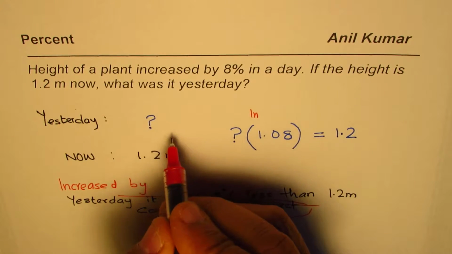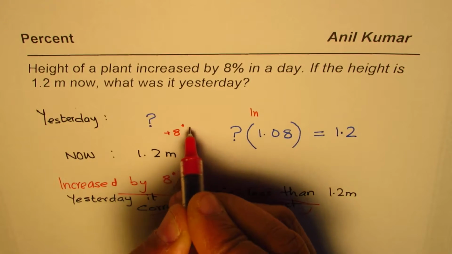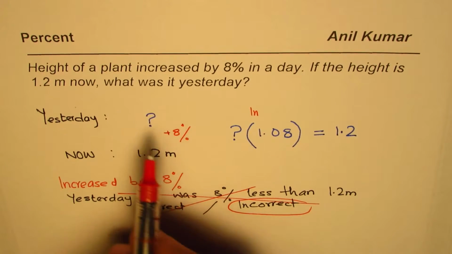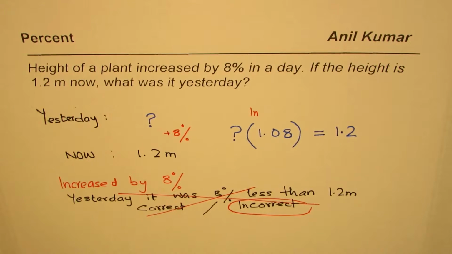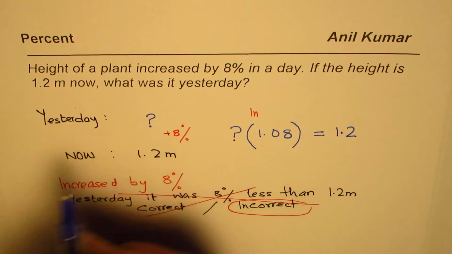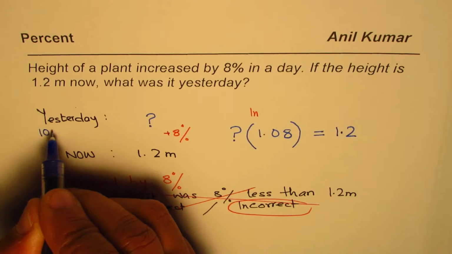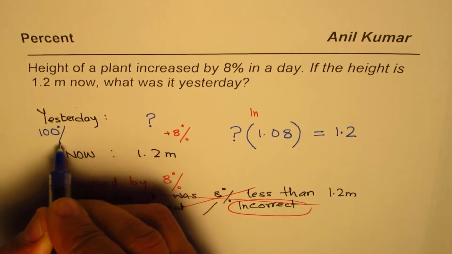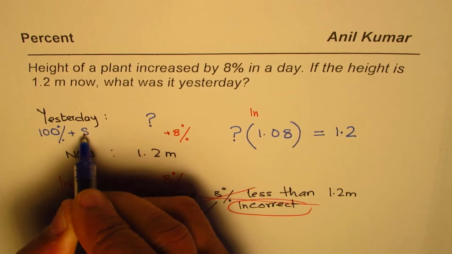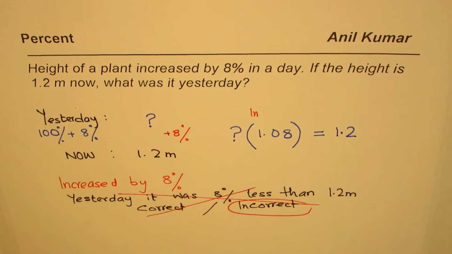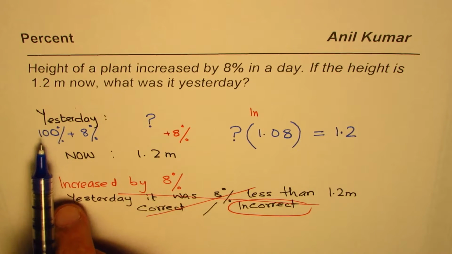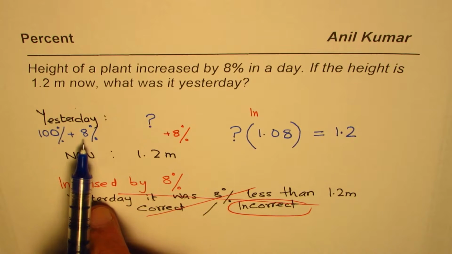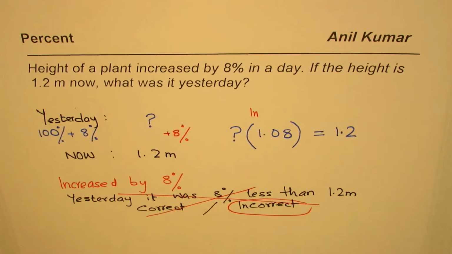So we are increasing, that is plus 8%, right? So 100% of this number plus 8% of this number. Do you get it? So how do we get this 1.08? 100% is 1 and the decimal value of 8% is 0.08.